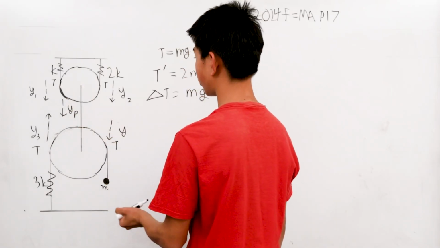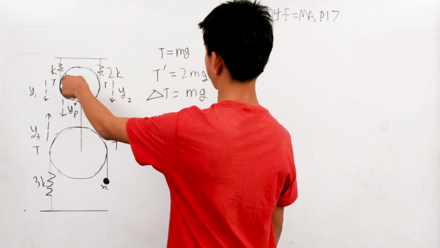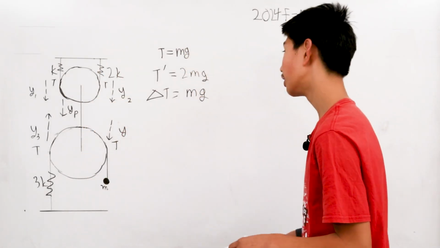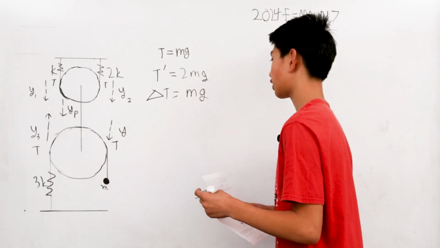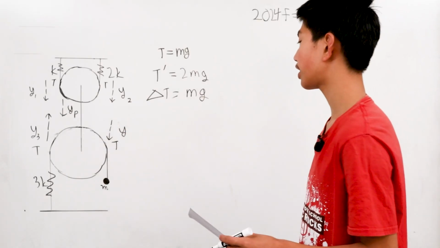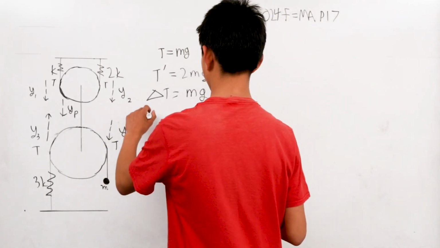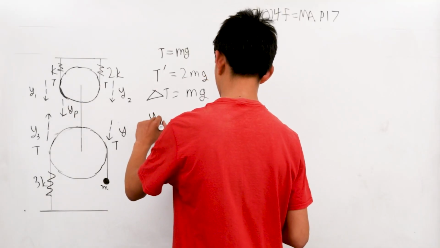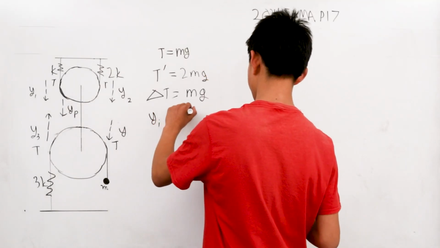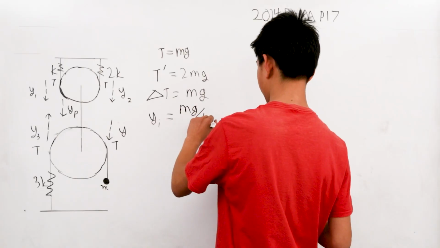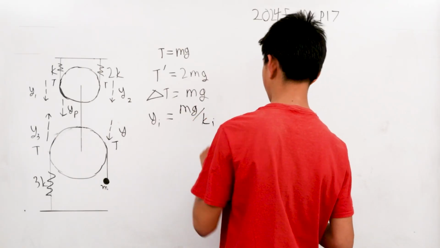And they have to be equal to the respective length these two springs stretch on top. But first, we can write that this base notation is denoted by y sub i. This is equal to mg over a constant k sub i.